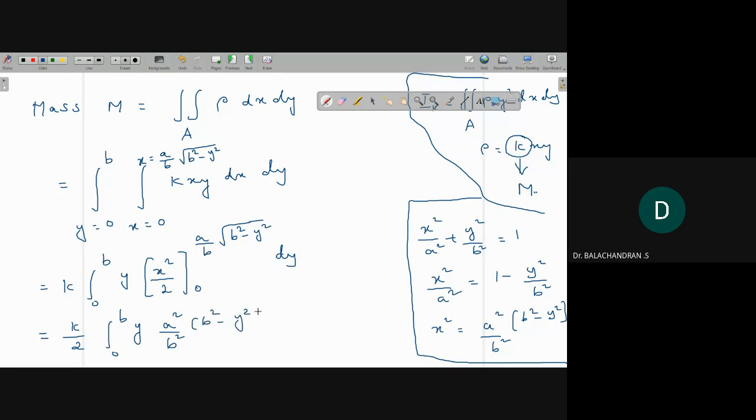This is the upper limit, lower limit is 0, into dy.